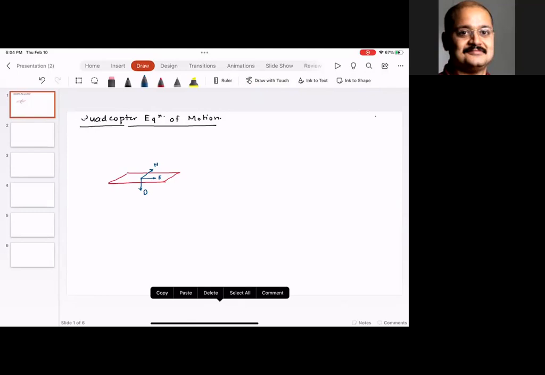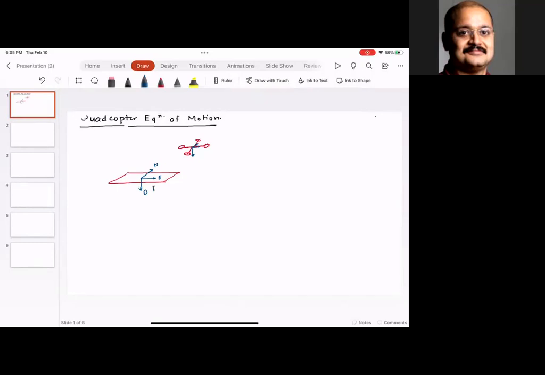Then what we have is our quadcopter. This is the quadcopter. And this quadcopter also has its own coordinate system, north, east, down.